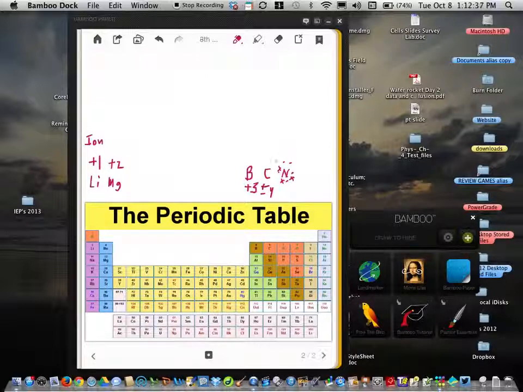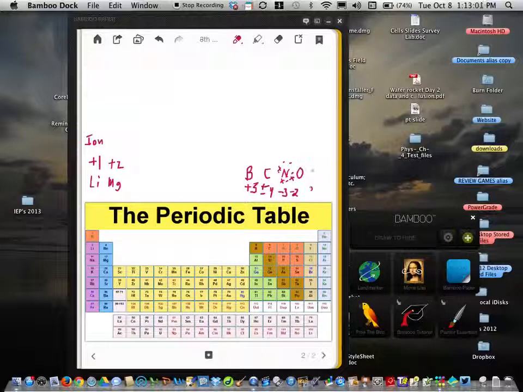So the ion number of nitrogen then becomes, if it gets 3 negative electrons, what? Negative 3. Is that oxygen there? So oxygen, negative 2. It gets 2 electrons to make an 8 outer shell.